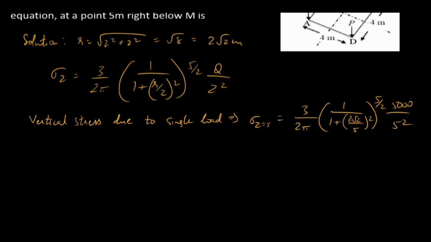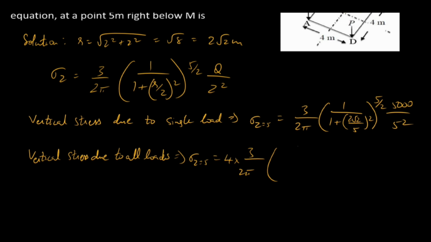Since in this question they have given 4 point loads, the vertical stress due to all loads, since all loads are equal, we can directly calculate that as 4 into 3 by 2 pi into 1 by 1 plus 2 root 2 by 5 whole square whole power 5 by 2 into 5000 divided by 5 square.